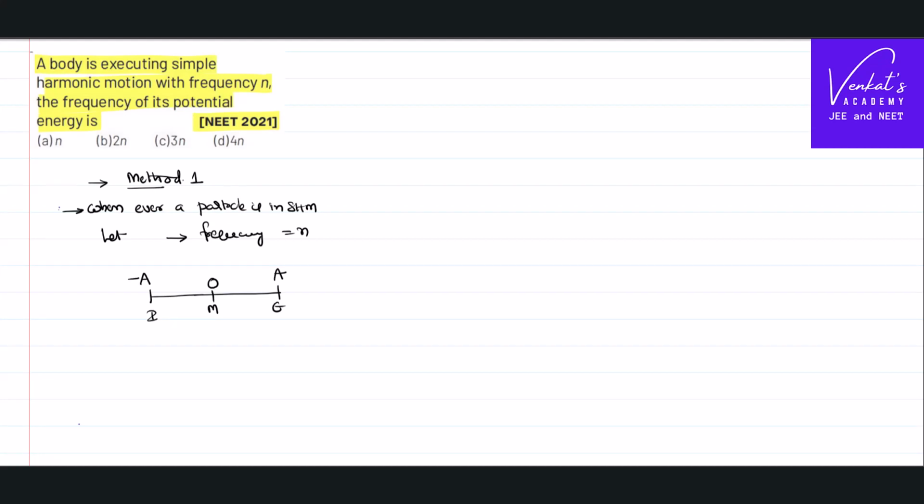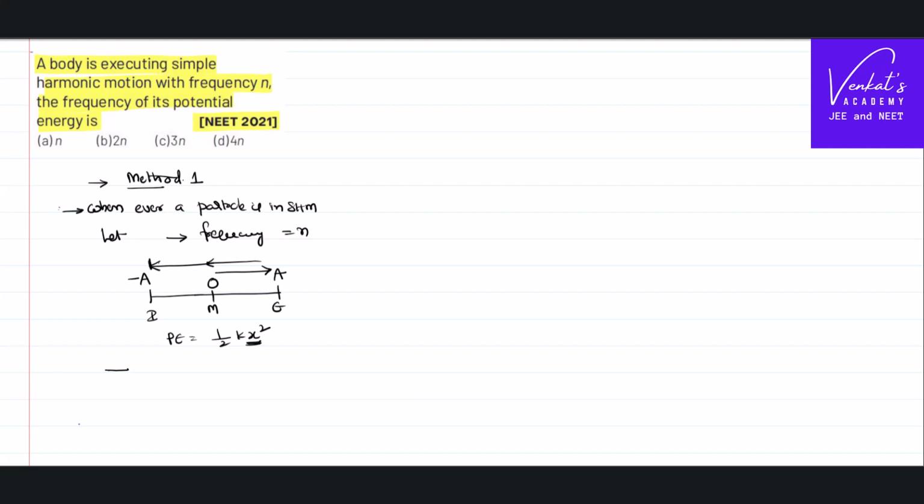We can write the equation for potential energy as half k x square. So when the body is in oscillatory motion, it goes this way, and here potential energy becomes maximum. Again it comes back and goes to here, and here also potential energy becomes maximum.